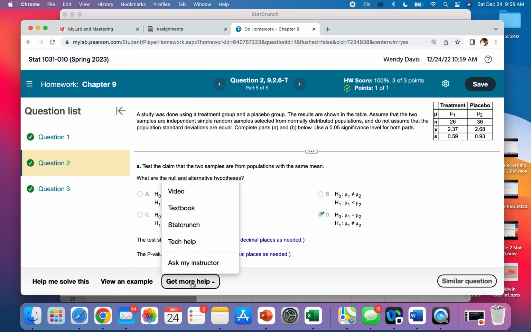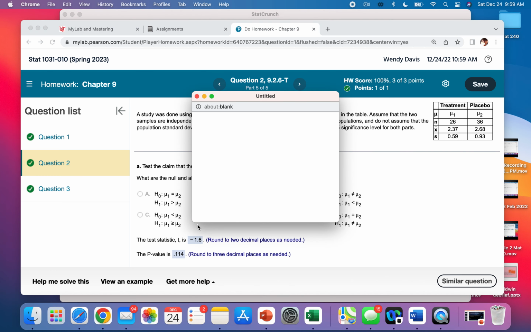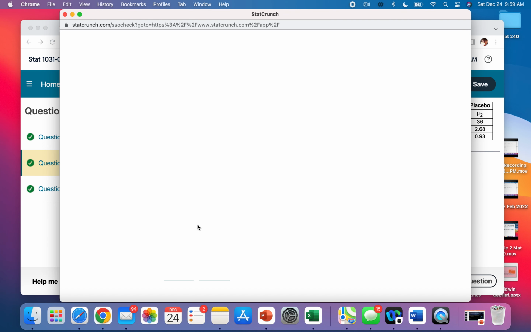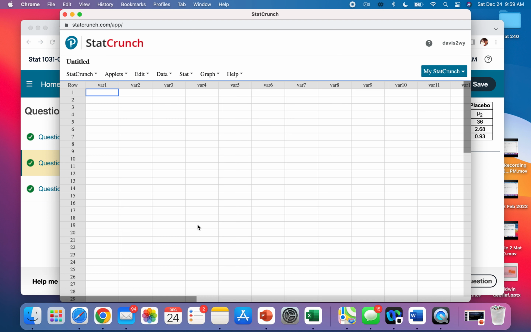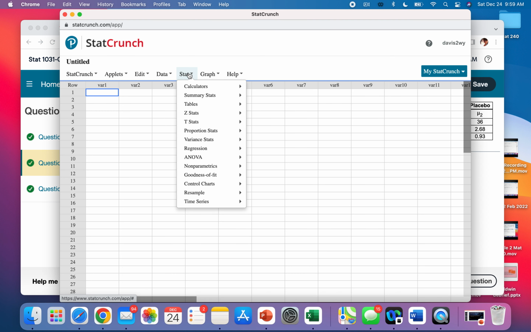So Get More Help, StatCrunch. We're going to input those numbers from the table. Stat. Now it said that they don't have the same variance, so that means we use t-stats, 2 samples.